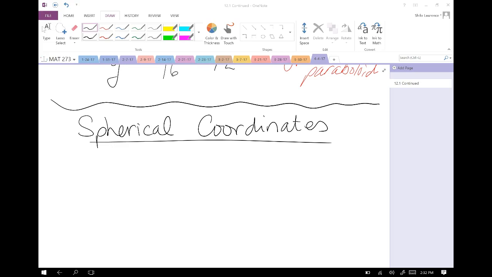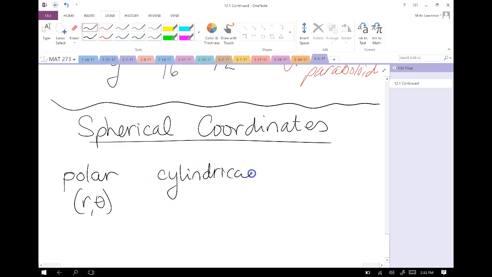It's called cylindrical. So polar is r, theta, and then cylindrical is r, theta, z.